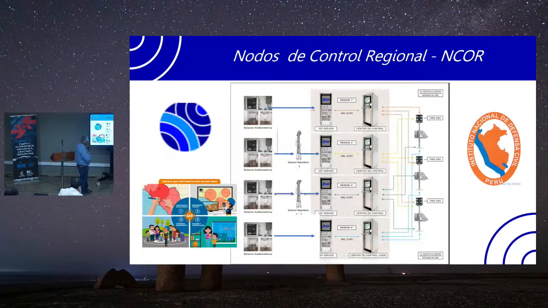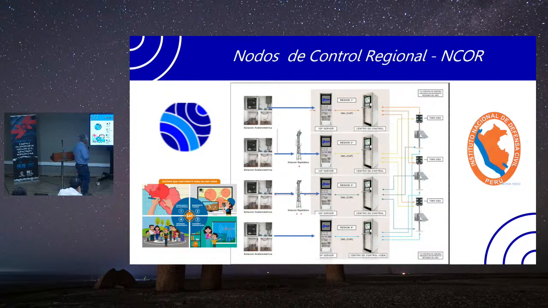And this project is being done in cooperation with our National Defense Agency. But why is that? Because we as a technical institute, no, we are not allowed to diffuse the information to the public. So that corresponds to the National Defense Agency.